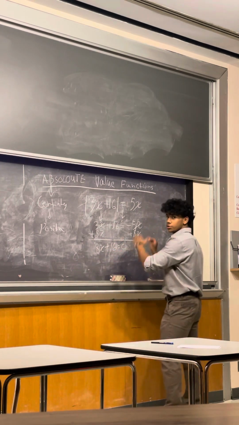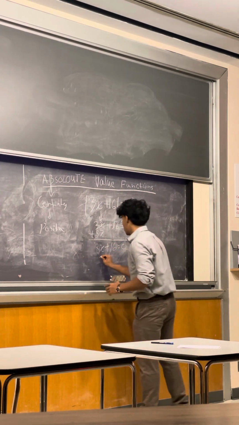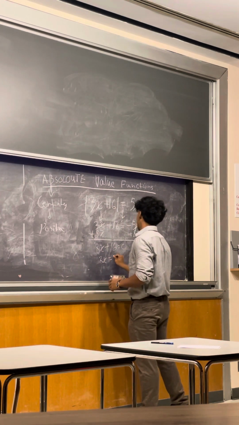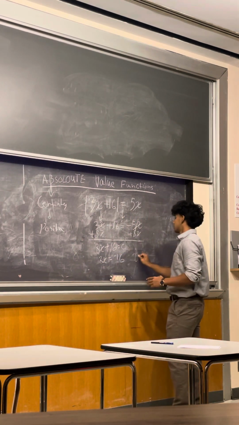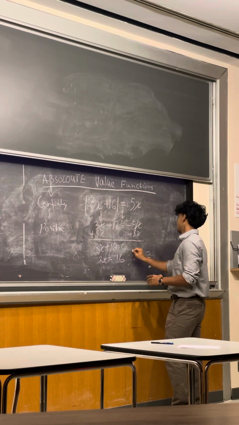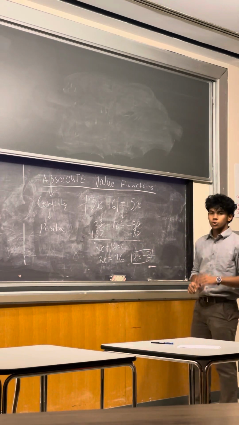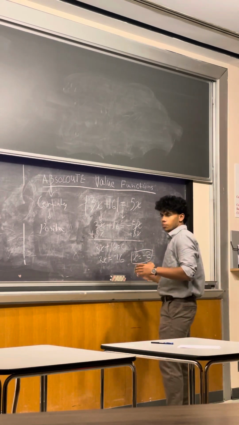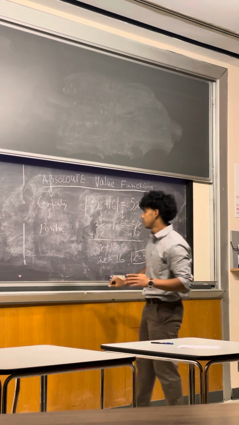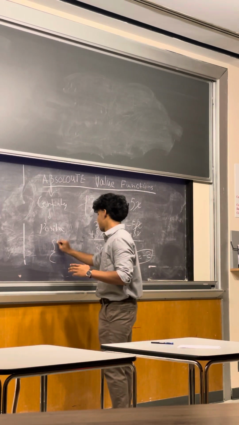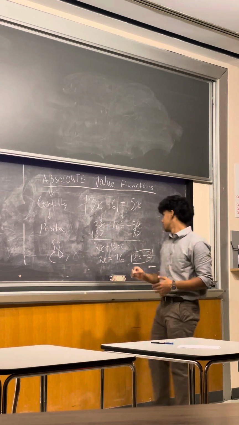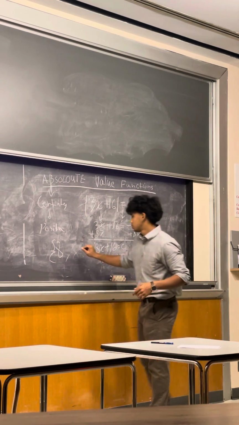Move 16 to the other side, let's make it a negative. We have 8x is equal to -16, x is equal to -2. So for the positive connotation, we got 8. For the negative connotation, we got -2.